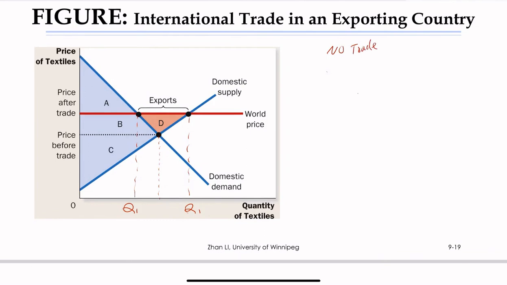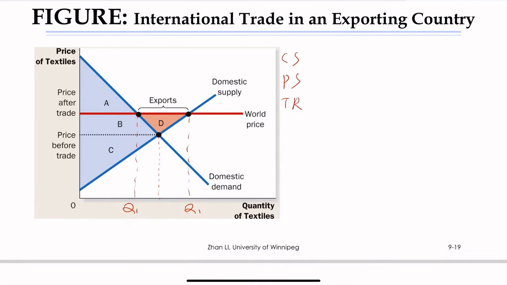And then, okay, let me make this table better. So we will think about total surplus and, I should start with consumer surplus. So we will look at consumer surplus and producer surplus. What else? Well, tax revenue, right?